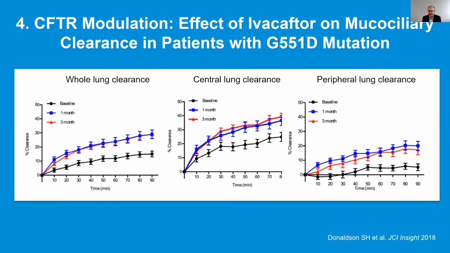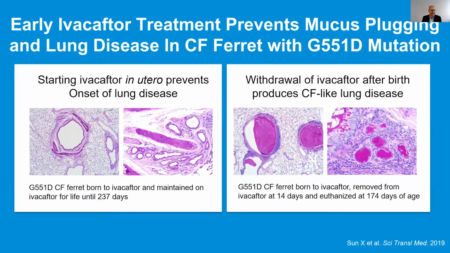And as you can see here, ivacaftor improved mucociliary clearance after 1 month, that persisted for 3 months, both in the central airways as well as peripheral region of the lung.